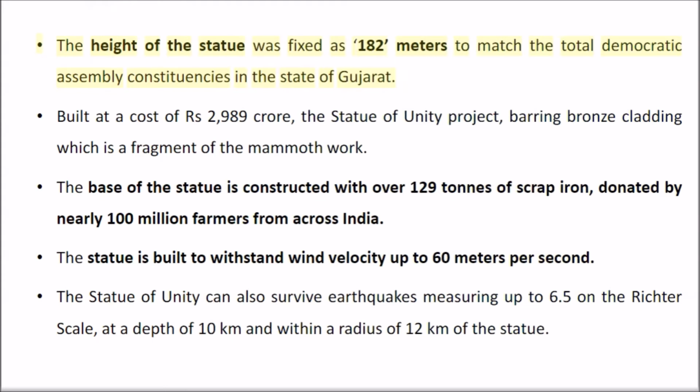The height of the statue was fixed at 182 meters to match the total Assembly constituencies in the state of Gujarat.